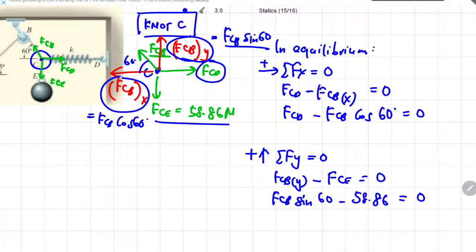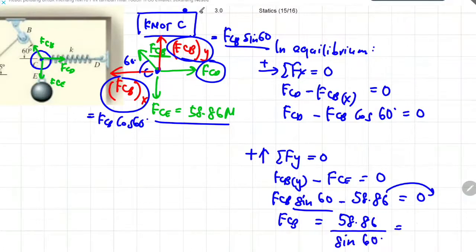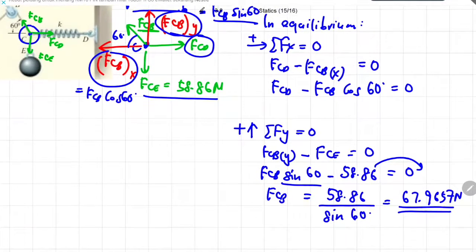If you notice, there is only one unknown over here. So you just rearrange the equation. 58.86 you bring to the right and then you divide with sine 60 and you will get a corresponding value of 67.9657.